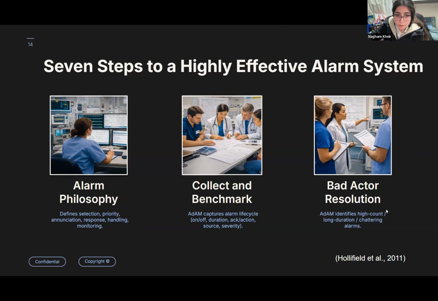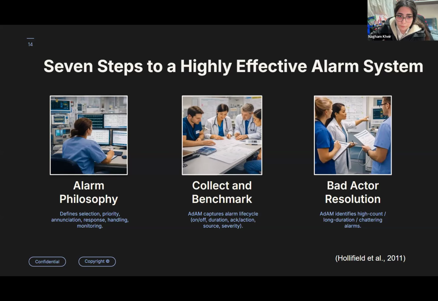Stage 1 is alarm philosophy. This is the policy, the rules of the road. An alarm philosophy is a written standard. So everything we talked about, everything Megan mentioned in the previous slides about priorities and classes and how to respond to alarms, is a written standard that defines the behavior of the alarms, which alarms are allowed to exist, how they annunciate, what response is expected, and so on and so forth.